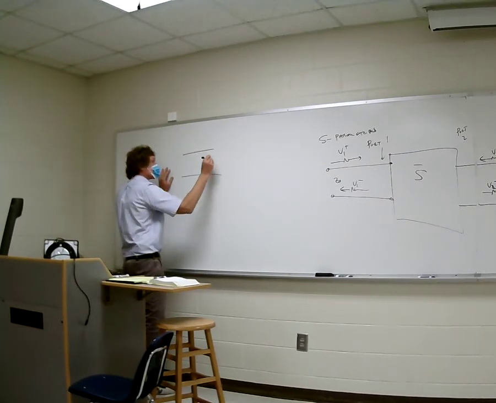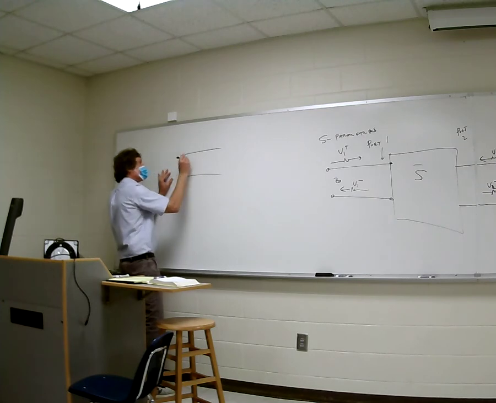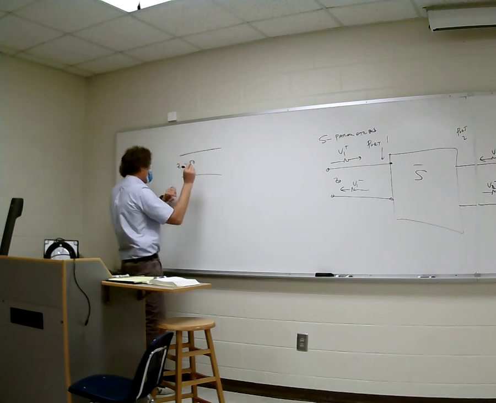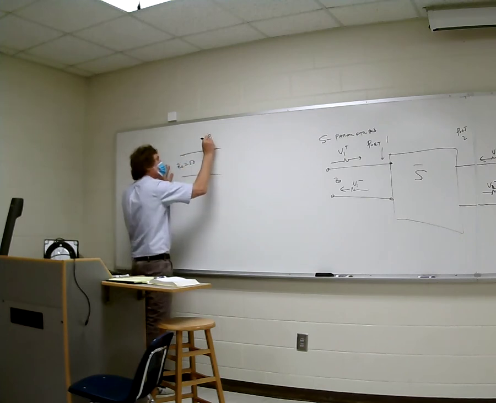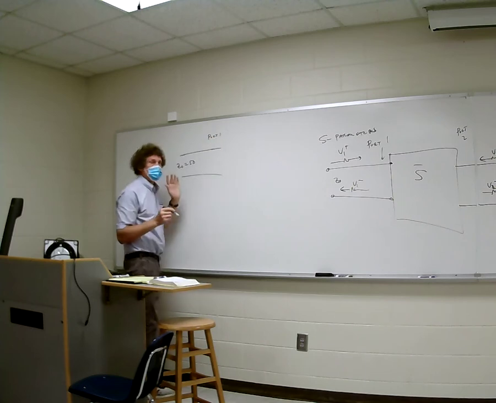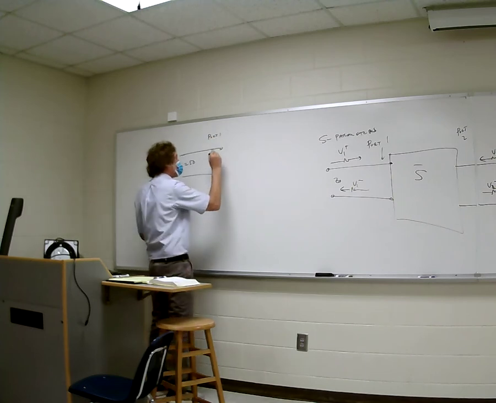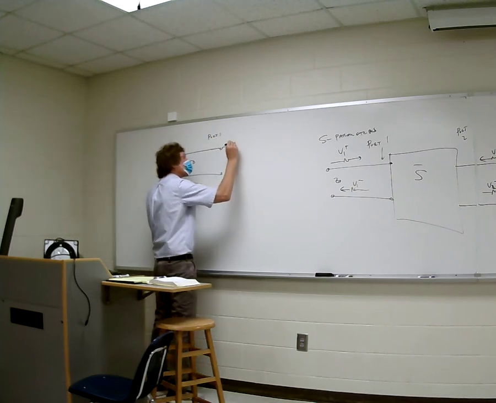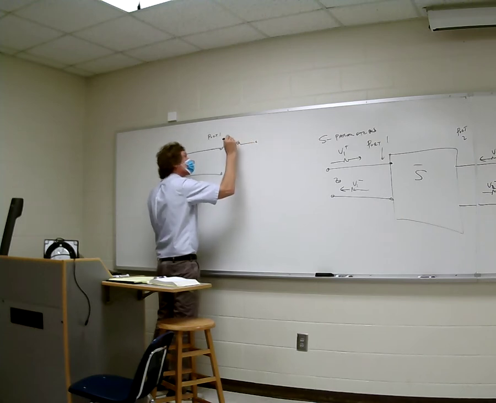Wentworth doesn't do this in his book. He starts a little differently. I'm going to assume I have a characteristic impedance right here, 50 ohms. And then this is going to be my port 1. And the only thing I'm going to do is put a resistor here. Make that resistor 100 ohms.